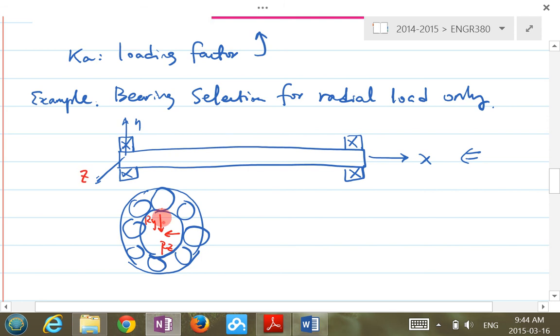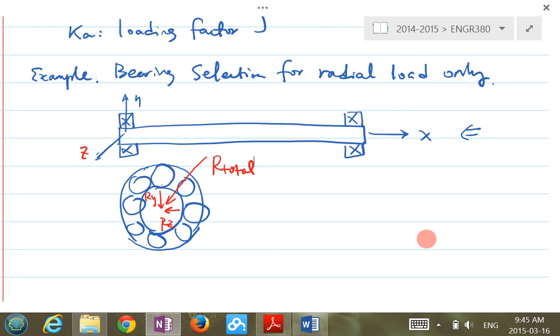So this is Ry, this is Rz, two-plane loading. And altogether, these two planes together give you one combined radial load. Let's call this R total.